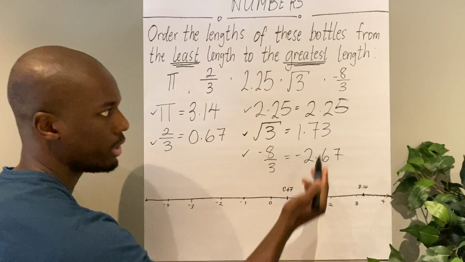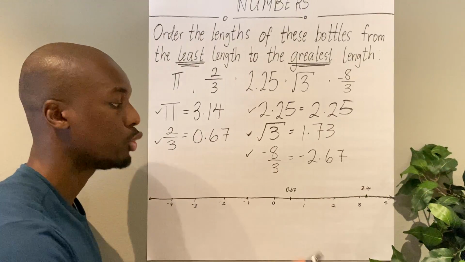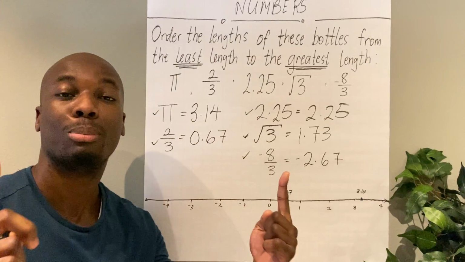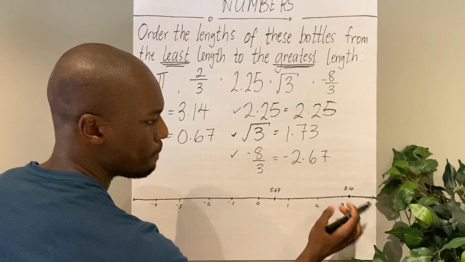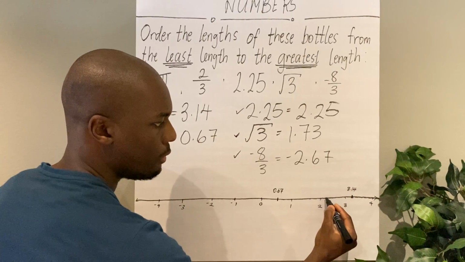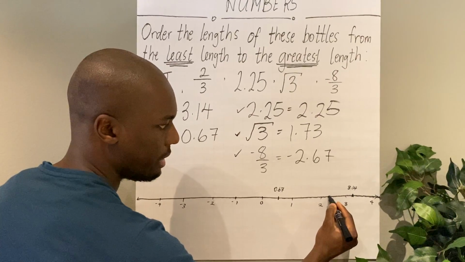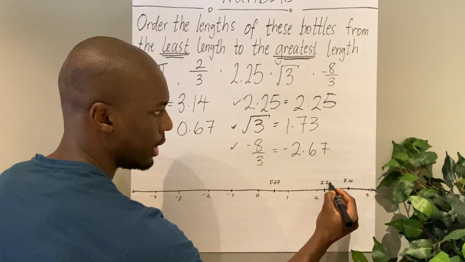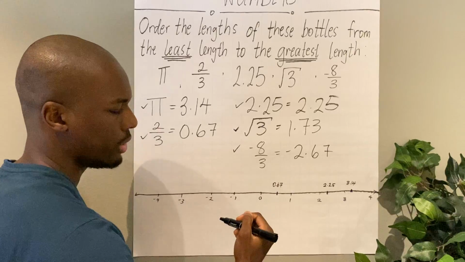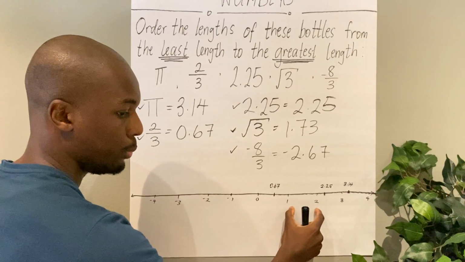0.67. My third number, it's already a decimal, 2.25, a number between 2 and 3, right? Right here, 2.25 would be somewhere here. All right, so this is 2.25. 1.73, a number between 1 and 2.